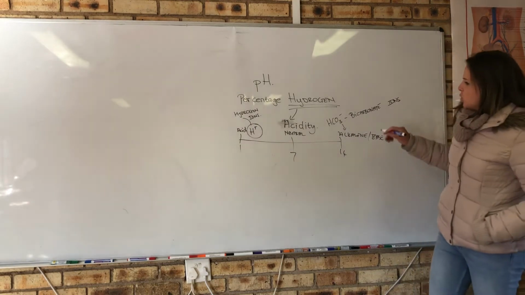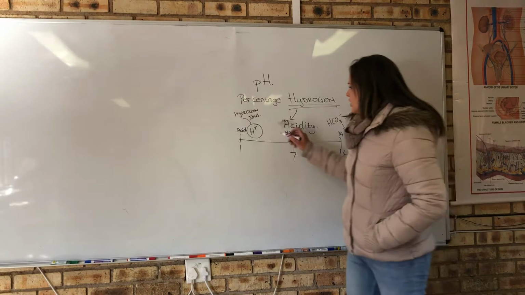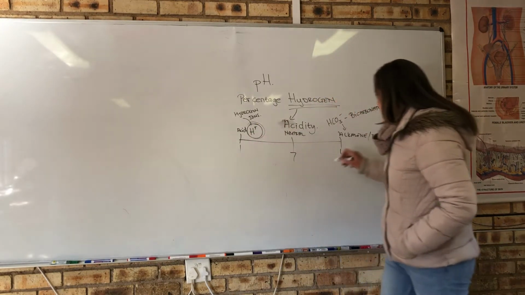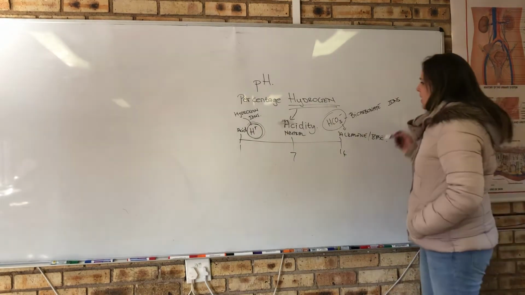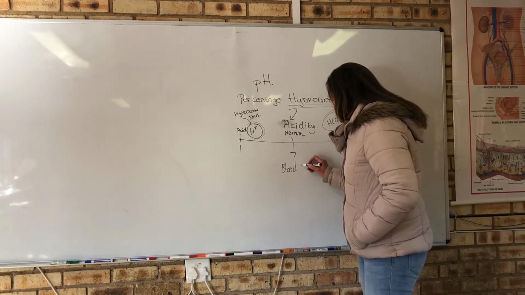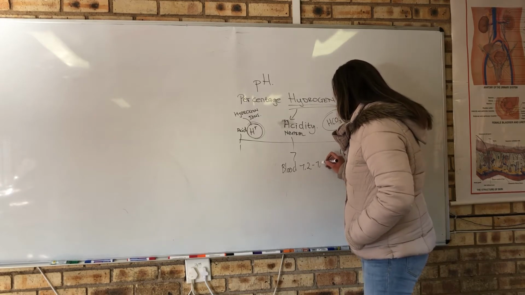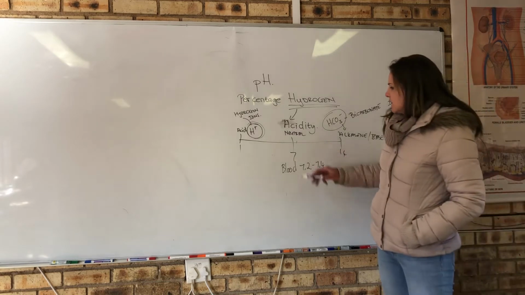So when we're regulating pH of the blood, we are going to regulate hydrogen ions and we're going to regulate bicarbonate ions. So the pH of blood, what is blood normally? Blood is usually about a 7.2 to a 7.4 pH, so slightly alkaline.